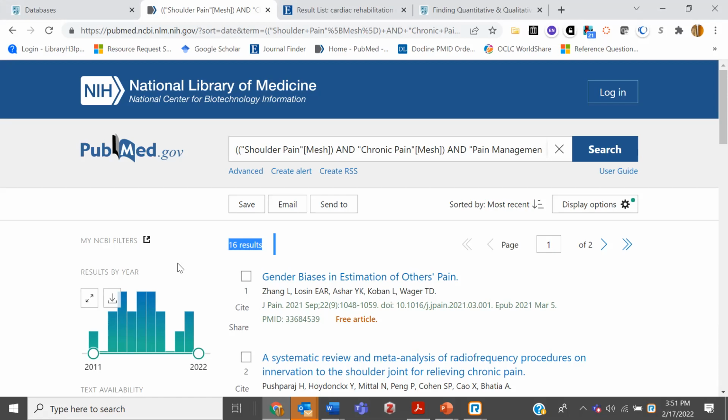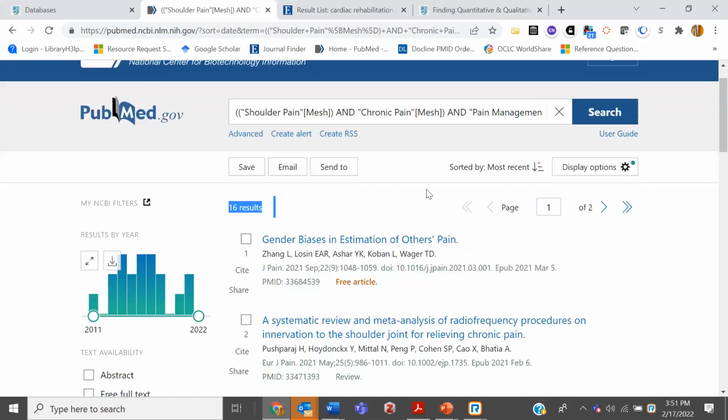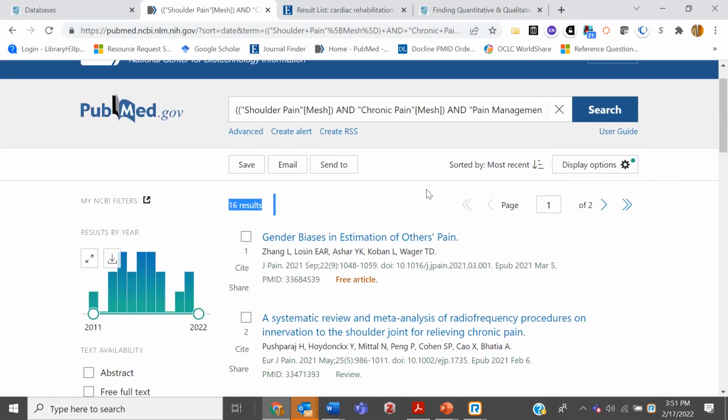And one of the ways that you can sift out all of the irrelevant junk is to make sure that you're using these MeSH subject headings or the specific database subject headings to really narrow your definition of shoulder pain or chronic pain, using that phrase searching and those specific database terms.